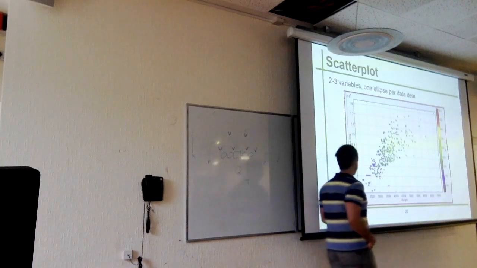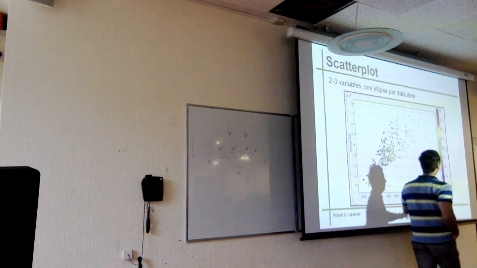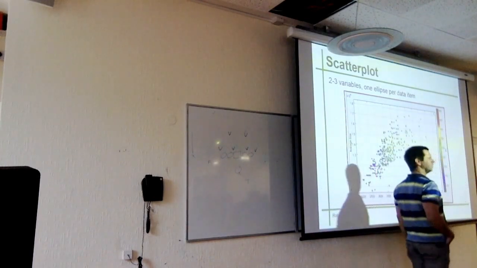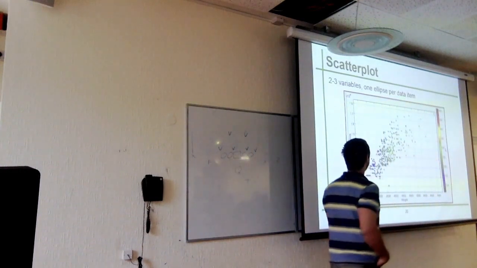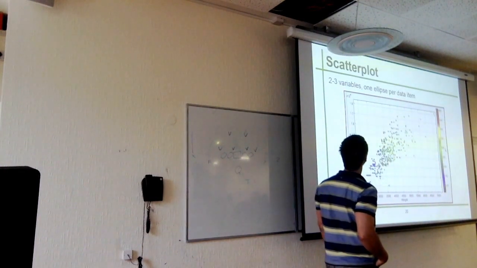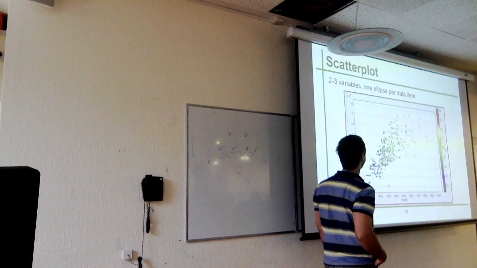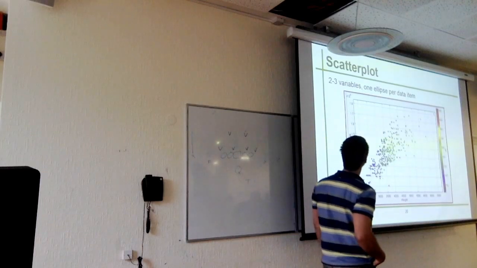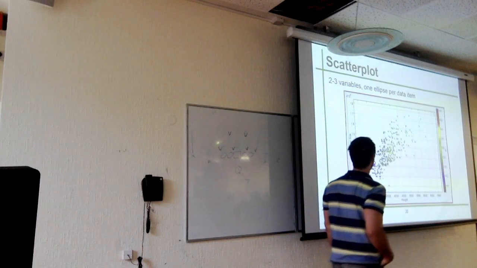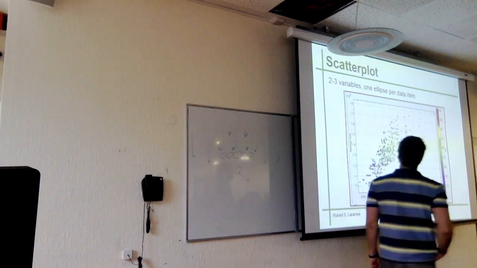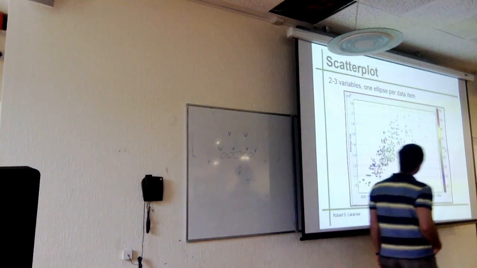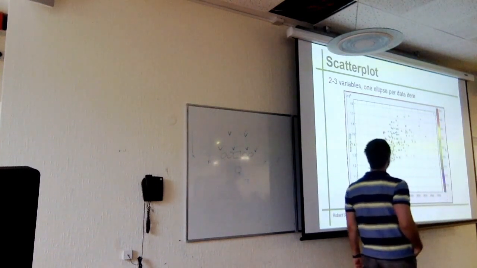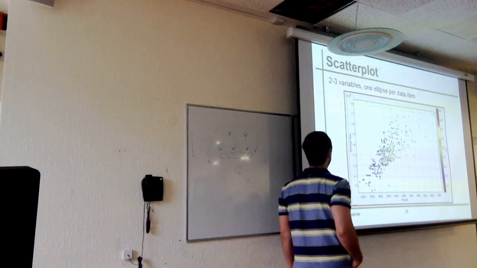And then a third variable can be plotted to color. And here you can see there's a direct relationship between weight and size, which is not very shocking. I believe that's for some cars in this case. And I'm not sure what the color is mapped to in this case.